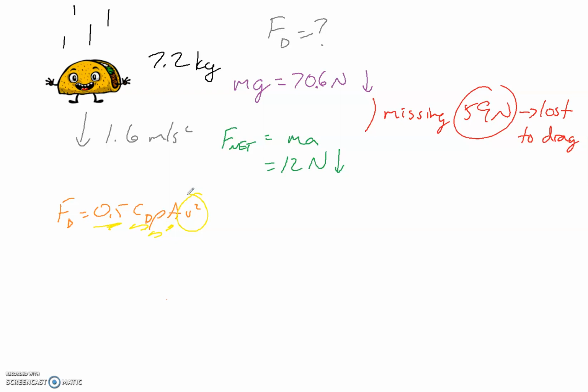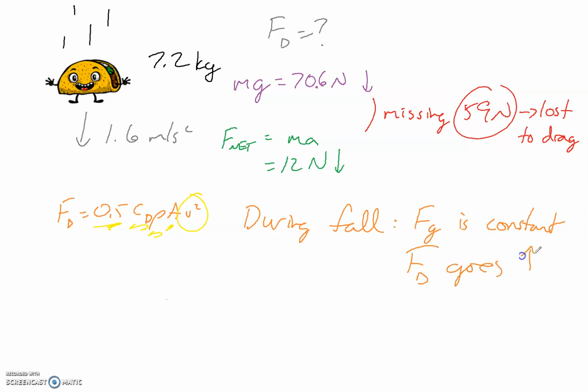So while the taco is falling, during the actual fall, the F_G, that's not going to change. That's constant. But the force of drag actually keeps on getting higher because you keep on going faster.